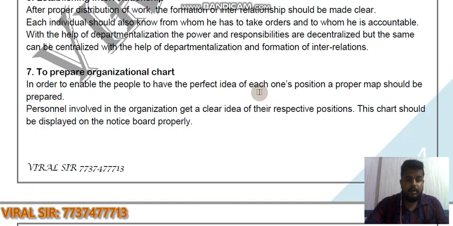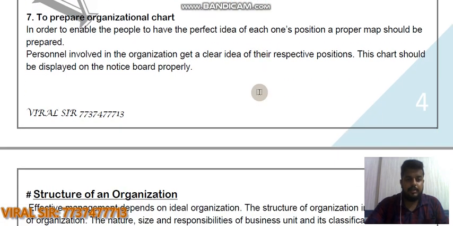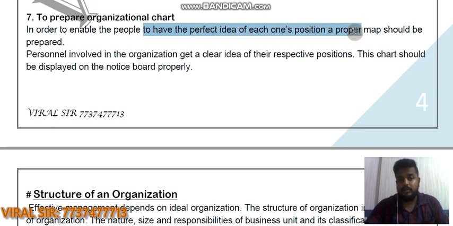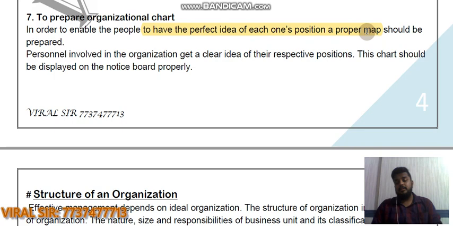Next is to prepare an organizational chart. In order to enable the people to have the perfect idea of each one's position, a proper map should be prepared. We will be seeing in the further part of this video how a layout of a flowchart type of map is made to know the proper flow of information.